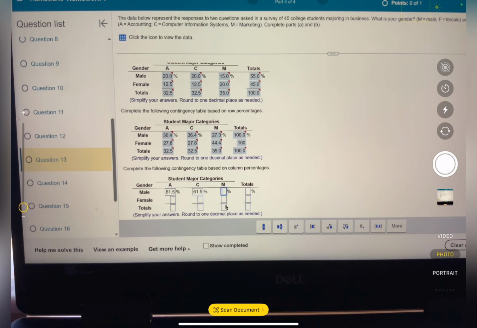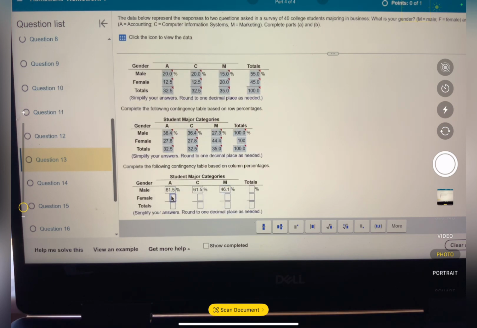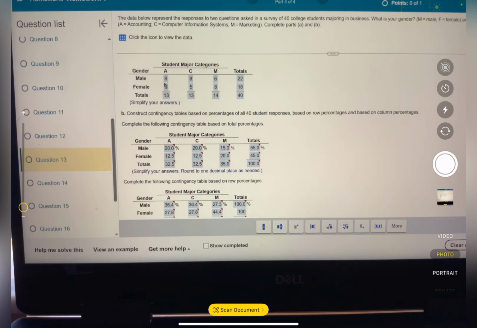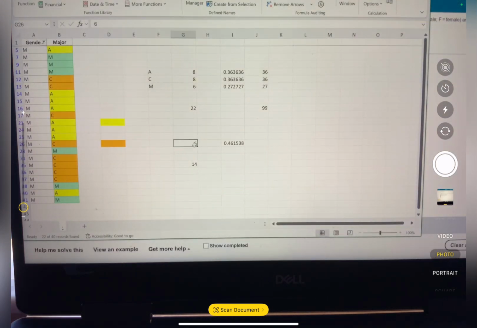So let's write down 46.1. Okay. Now next one, what do we have? 5 divided by 13. To get it faster, 5 divided by 13, where is my, here it is. 5 divided by 13 is 38 point, I put 38.5 because here I have 6, so rounded it will be 5, so 38.5.